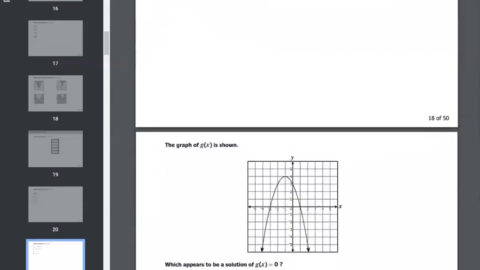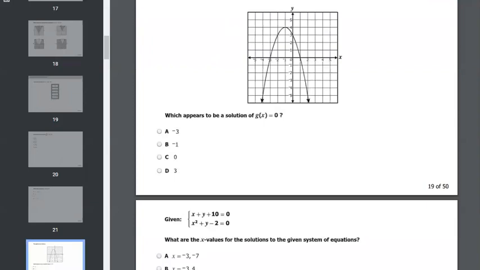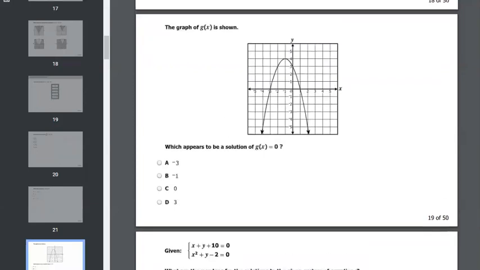Okay, let's look at the next one. So 19 says the graph of g of x is shown, and it asks which appears to be a solution of g of x equals 0. So what I'm going to do is look at where the graph crosses the x-axis.